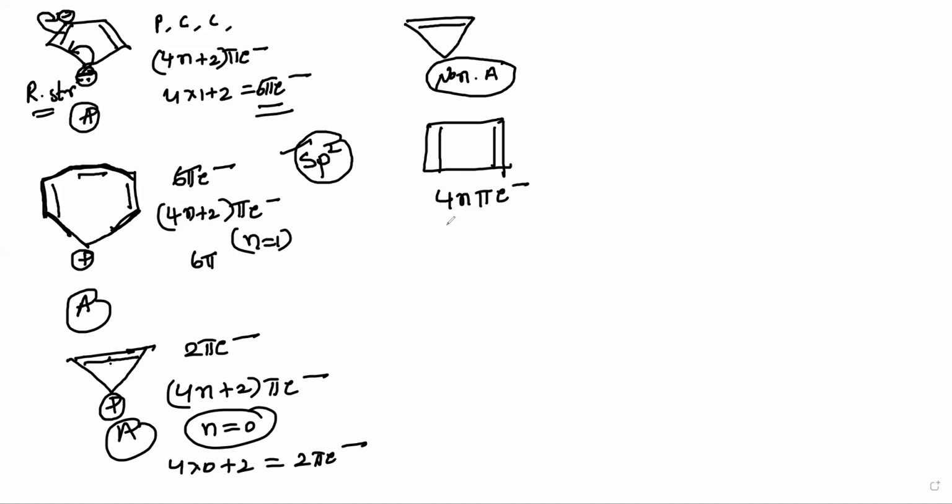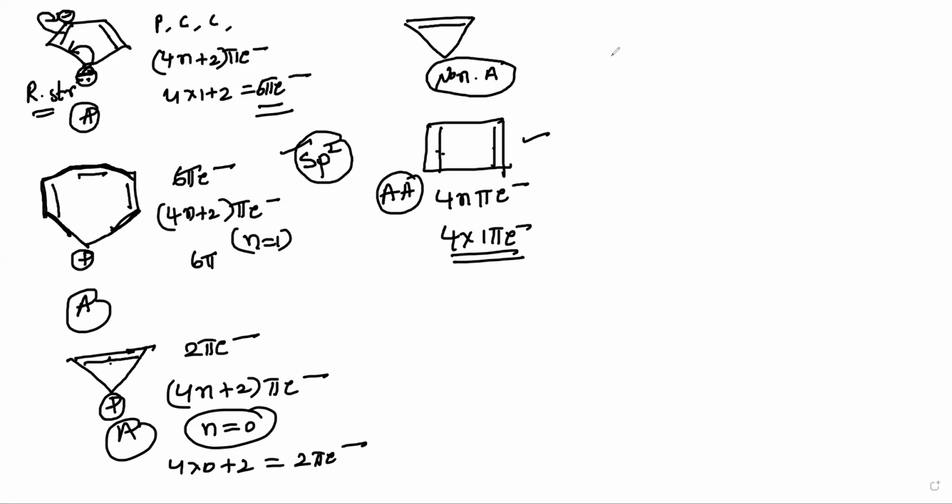Substitute n is equal to 1, we get 4 pi electrons, that is 2 plus 2. So these are the 4 pi electrons. Then it is following all rules. That's why it is an anti-aromatic molecule.